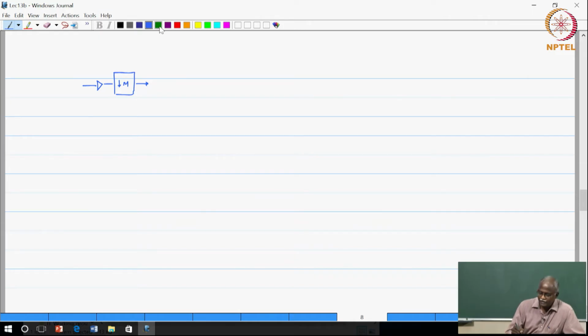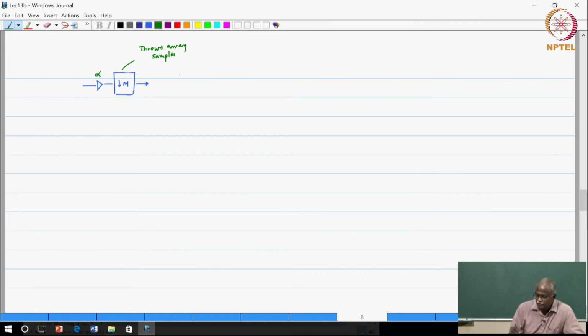One of the essential things that we always keep in mind is that the downsampler throws away samples. In this case, this is not a very efficient implementation, because I multiply all the input samples by the scale factor alpha, for example, and then throw away M minus 1 of those.